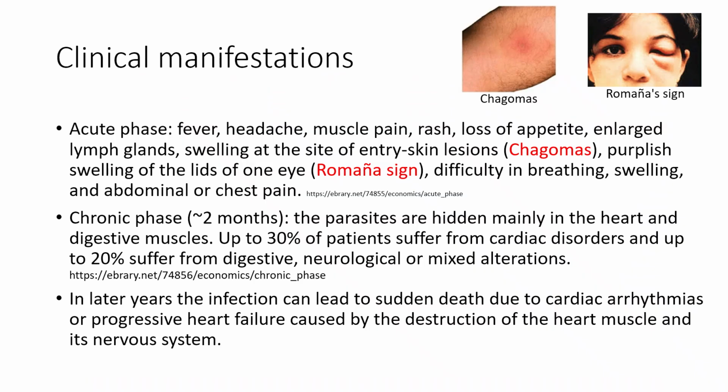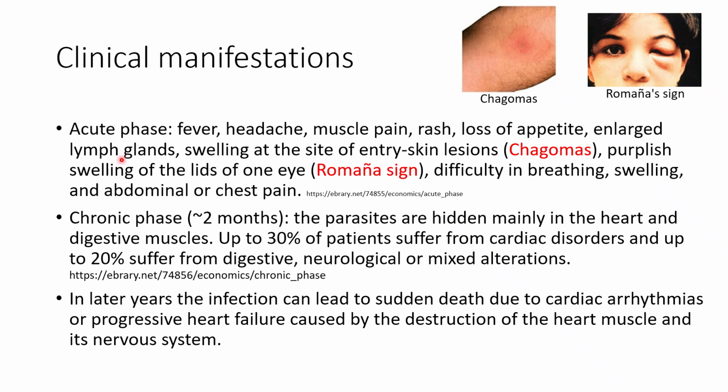Chagas disease is divided into acute phase and chronic phase. During the acute phase, which usually lasts a few weeks or months after infection, the person may have no symptoms or mild symptoms such as fever, headaches, muscle pains, rash, loss of appetite, and some have enlarged lymph nodes.